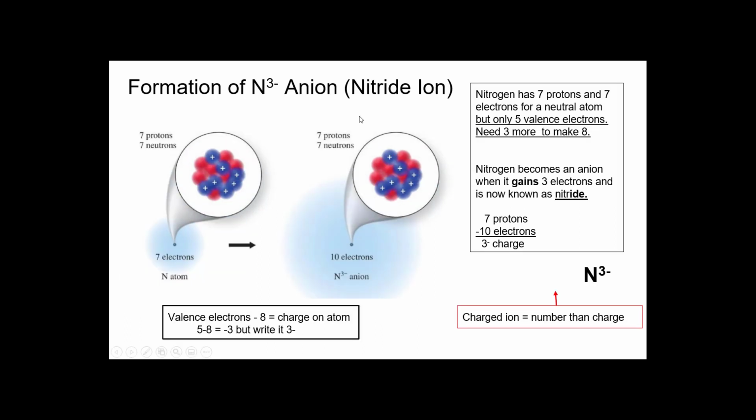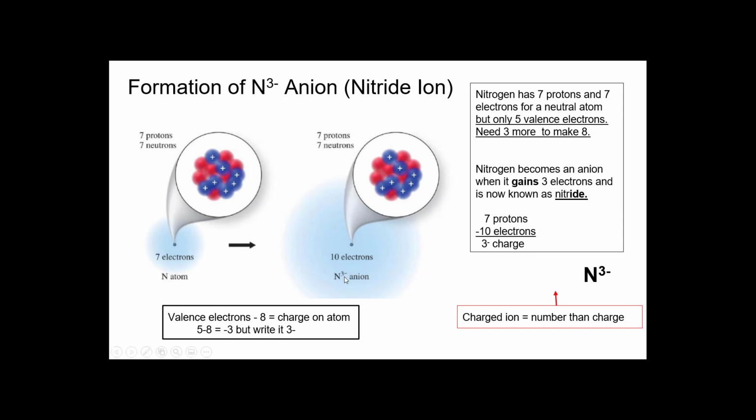Now we have nitride, which is nitrogen. So nitrogen, you have 7 protons, 7 electrons. That means it's neutral. But I told you that this is a group 5 element, which means that it can take on 3 electrons. So every time it takes a new electron on, you add a negative charge to it.